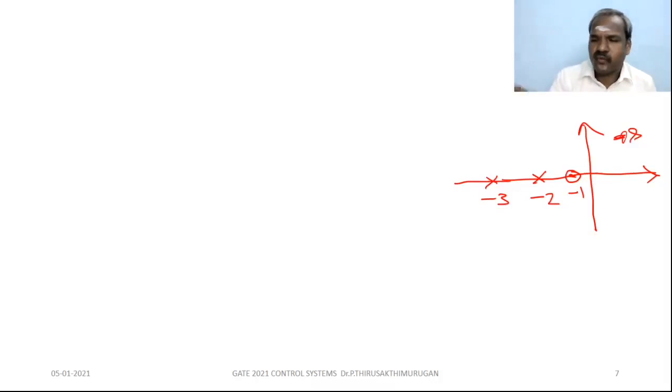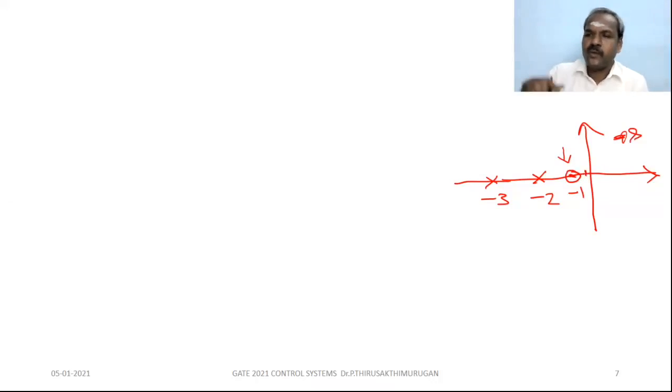One more rule is there. Where are the branches lying? Take the first pole or zero and stand here, at the zero. Look to the right side.